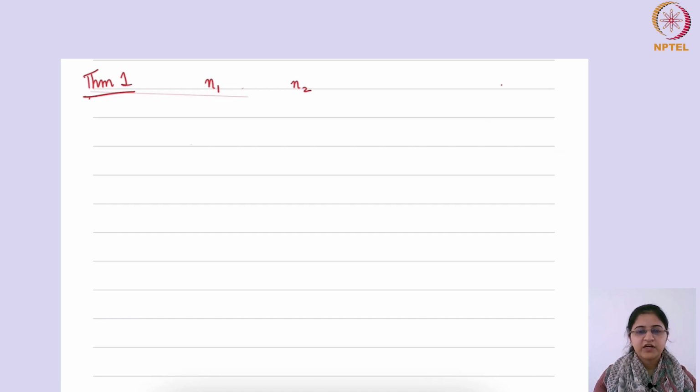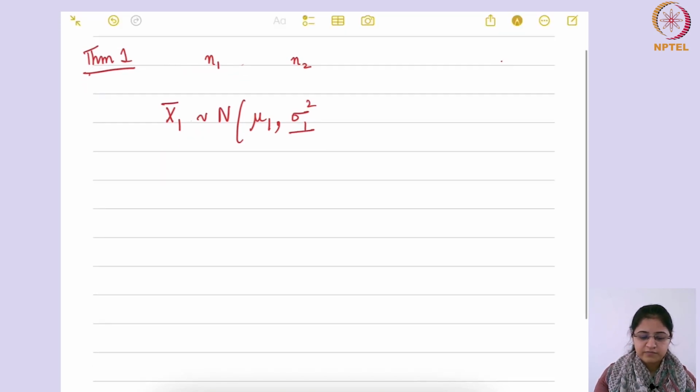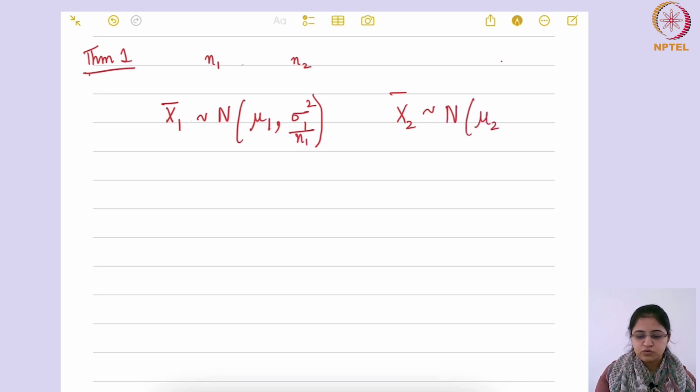So we know that if they are coming from a normal population, then obviously the sample mean, that is x1 bar, will again follow normal with mean mu1 and variance sigma 1 square by n1. Right, this we have already seen. And the second one also would be following normal with mu2 and variance sigma 2 square by n2.